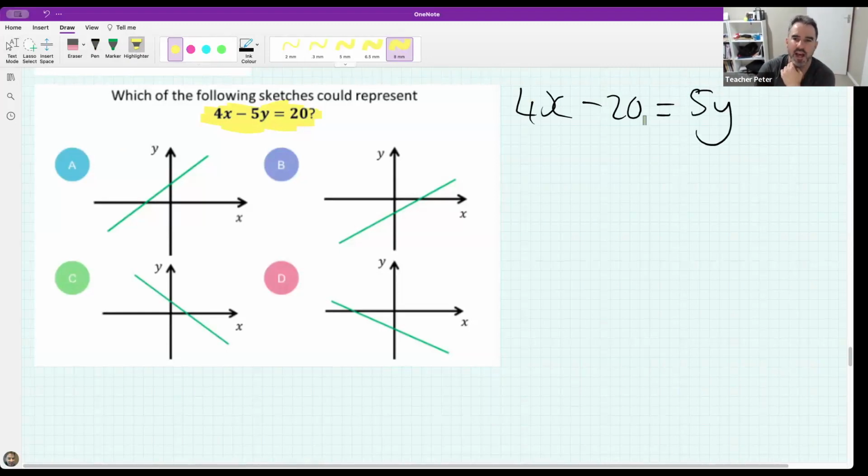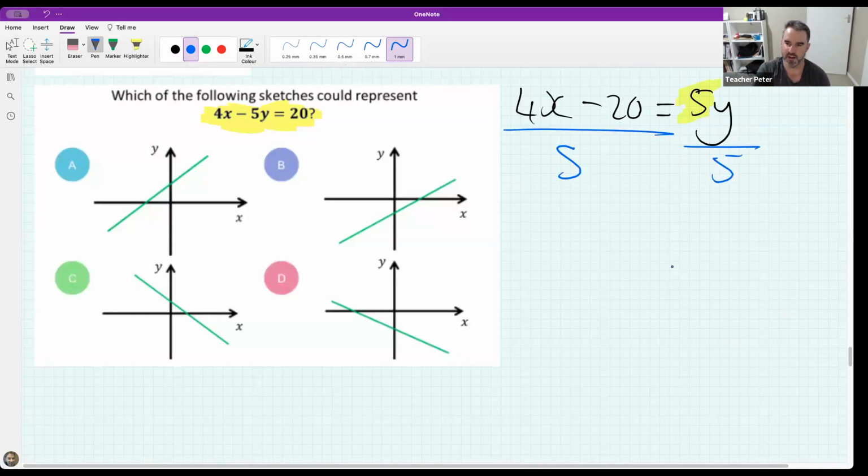Now, I still need to deal with this 5. How do I deal with the 5? It looks like it's almost there, but not quite. I think the way to get rid of the 5 is divide both sides by 5.